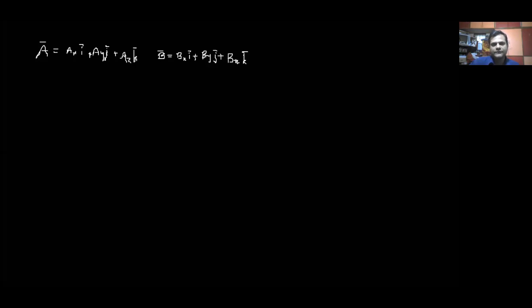So first of all, we'll try to find out the expression for dot product of the two vectors. So here it is, dot product.